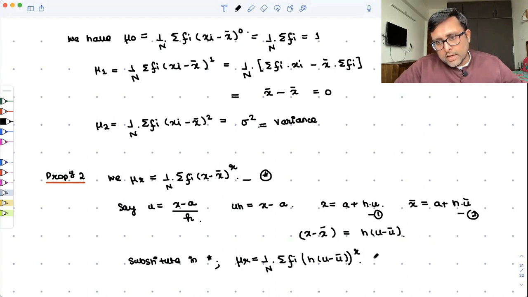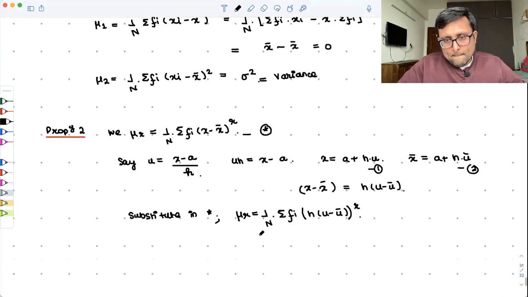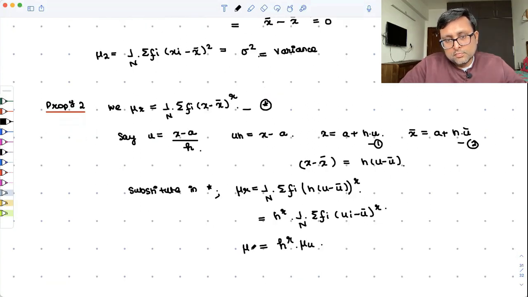Okay, so I can write this as h to the power r, 1 upon n summation of fi ui minus u bar to the power r. So there is no a here. So mu r could be written as h to the power r mu u. Now there is no a here. So it is independent of origin, but there is still h. So this is not independent of scale.